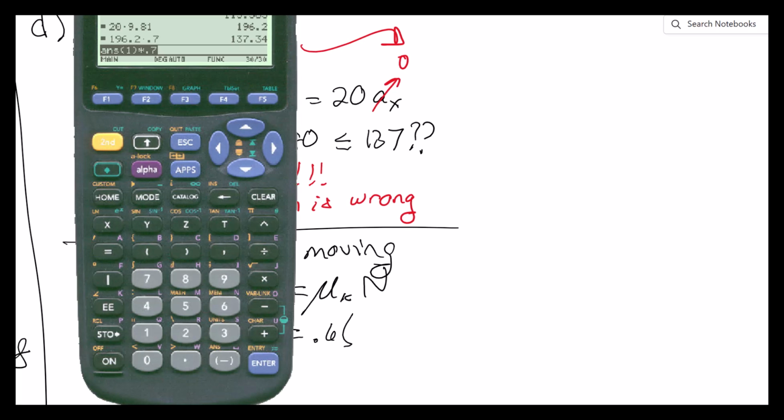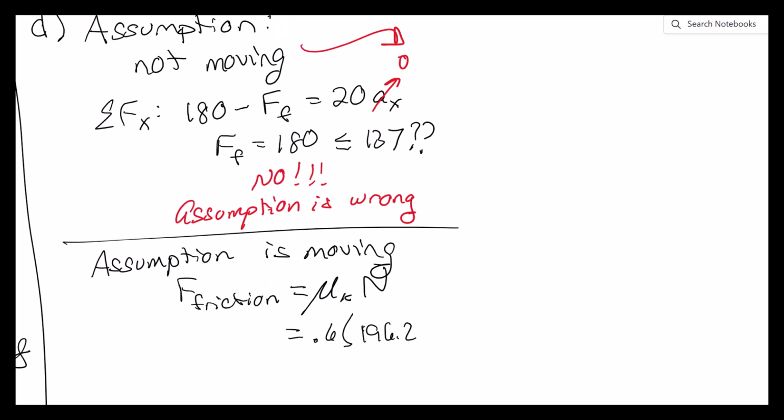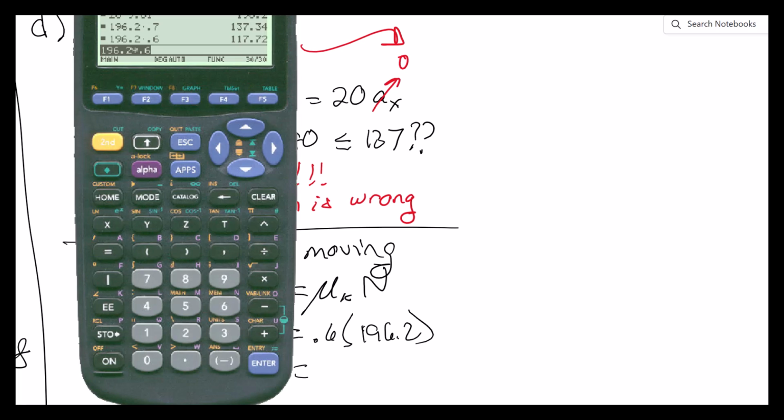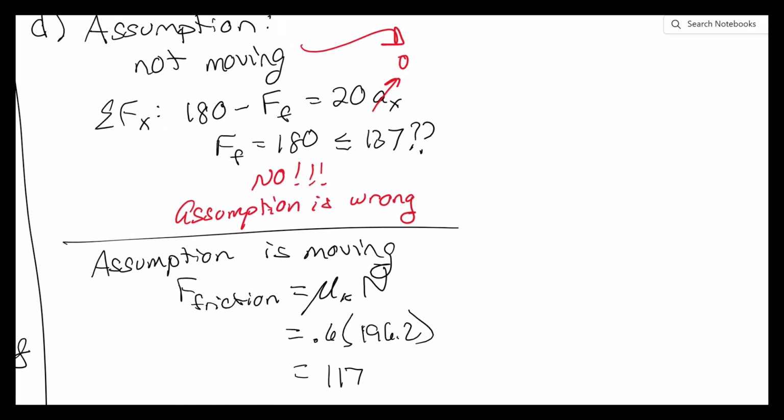So 0.6 times 196.2. Okay, so now we know that the friction force is 117.72.